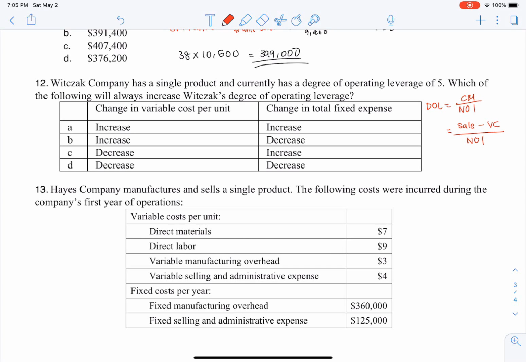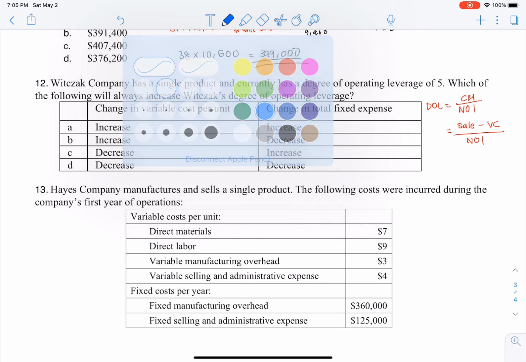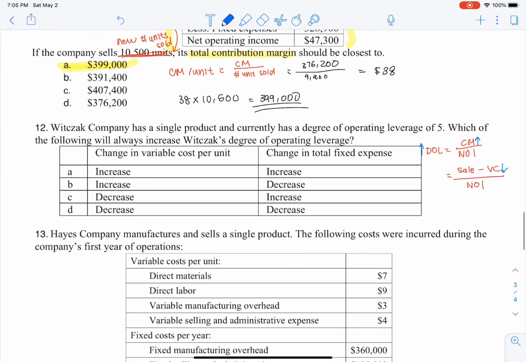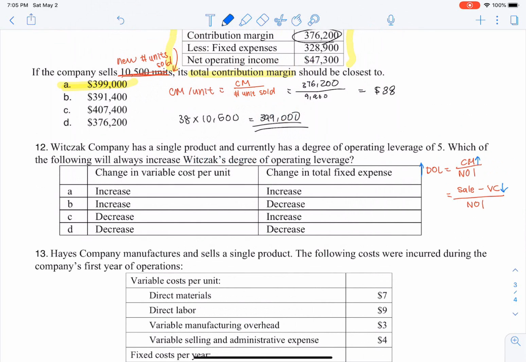So operating leverage measures the net operating income's sensitivity to change in sales. If the variable cost per unit decreases, it means that the contribution margin is going to increase. And if the contribution margin increases, for sure the degree of operating leverage is going to increase. Let me show you in numbers in case you don't understand. For example, the original contribution margin is 1, net operating income is 1.